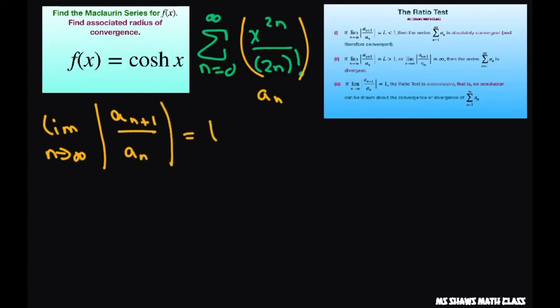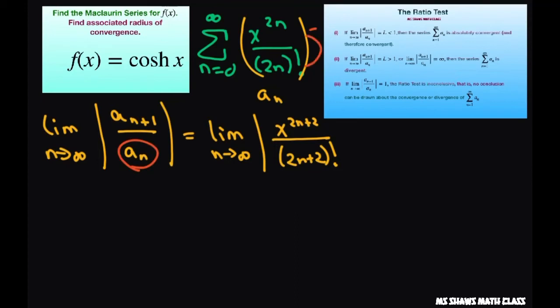That's going to equal the limit as n approaches infinity of the absolute value of, now for this, just substitute in n plus 1, you're going to get x to the power of 2n plus 2. And the denominator is going to be 2n plus 2 factorial. And we divide by a sub n, which is the same as multiplying by the reciprocal. So that's going to be 2n factorial divided by x to the power of 2n.